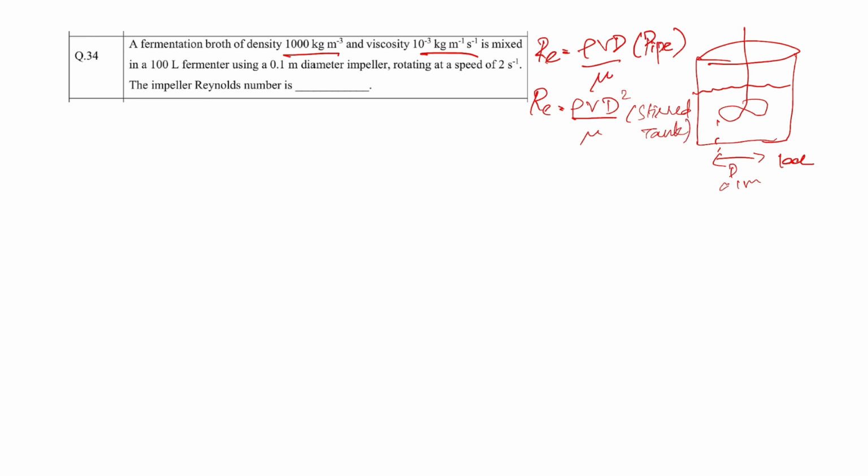Here rho is the density of the fluid, which is 1000 kilograms per meter cube, v is the velocity of the impeller, which is 2 per second, d is the diameter of the impeller, which is 0.1 meter, and mu, the viscosity, is 10 power minus 3 kilograms per meter second.